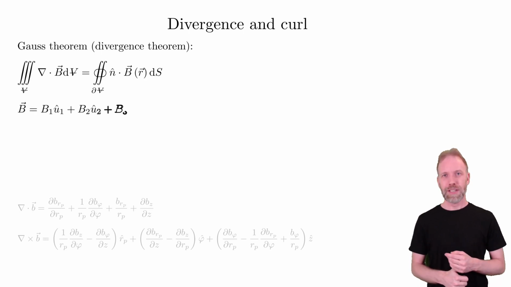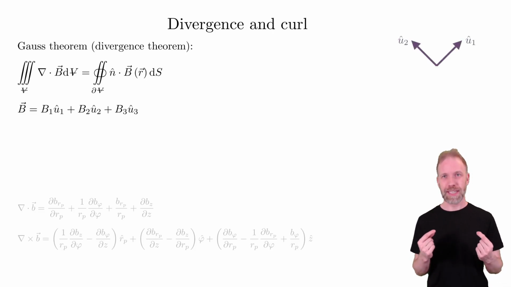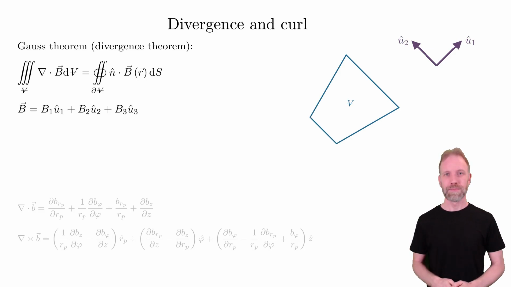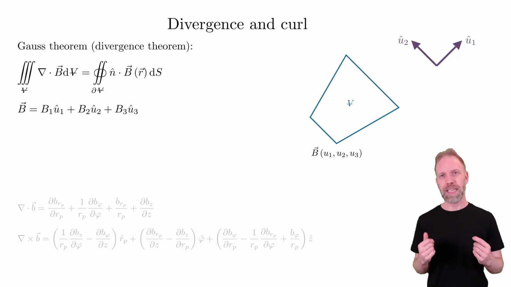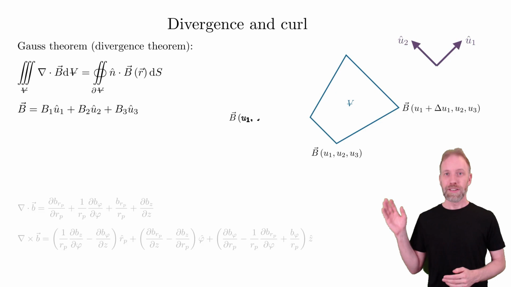Define the vector b using a general orthogonal coordinate system. We can visualize these in 2D by drawing a small volume element. The lower corner is b of u1, u2, and u3, which gives the following coordinates for the other corners.